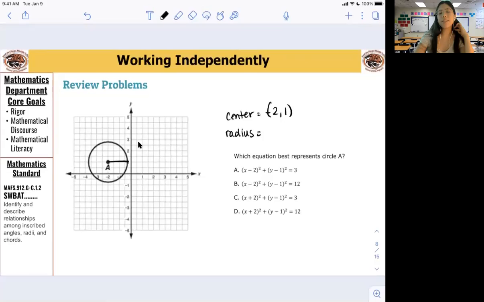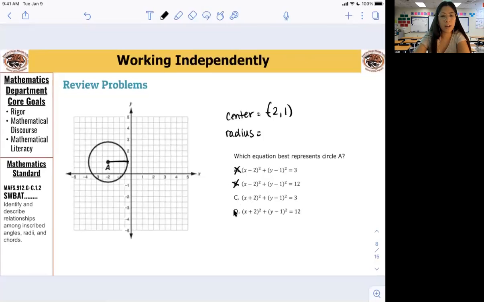So I'm guessing we did worse on this problem maybe because we didn't read it correctly. I'll give you a pass for that, because what I'm happy about is that A and B were wrong because both had the wrong center. So at least I know we understand the switching of the signs.